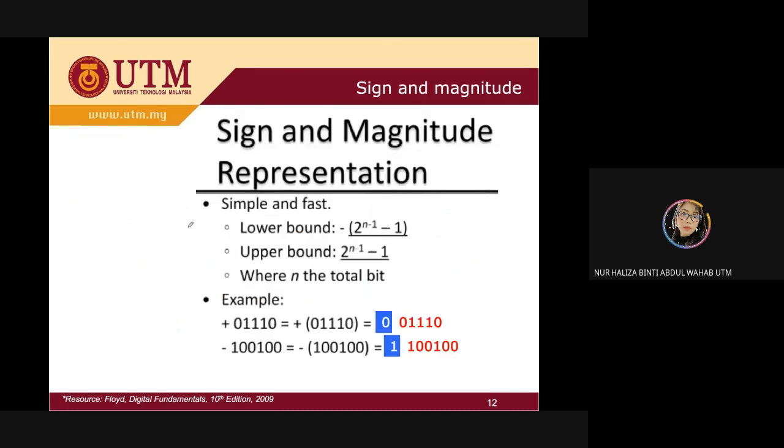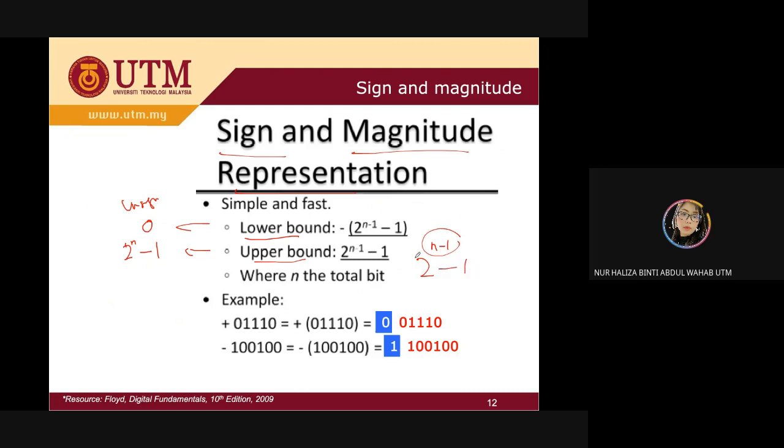So now let's take a look. For unsigned numbers, we have lower bound as 0 and our upper bound will be 2^n minus 1. But for sign and magnitude representation, our upper bound will be 2^(n-1) minus 1.